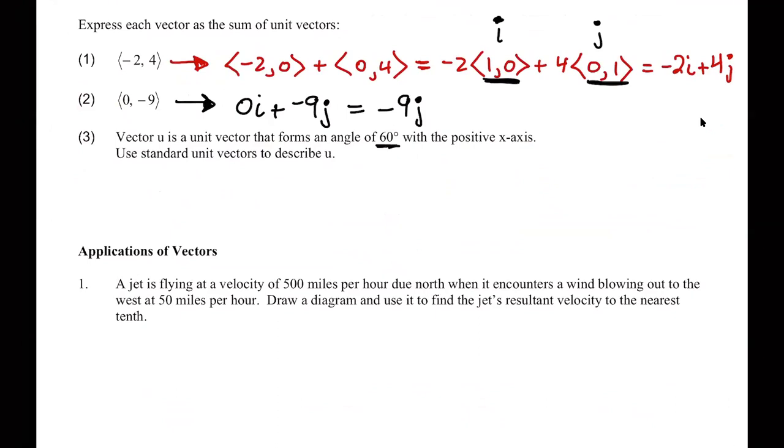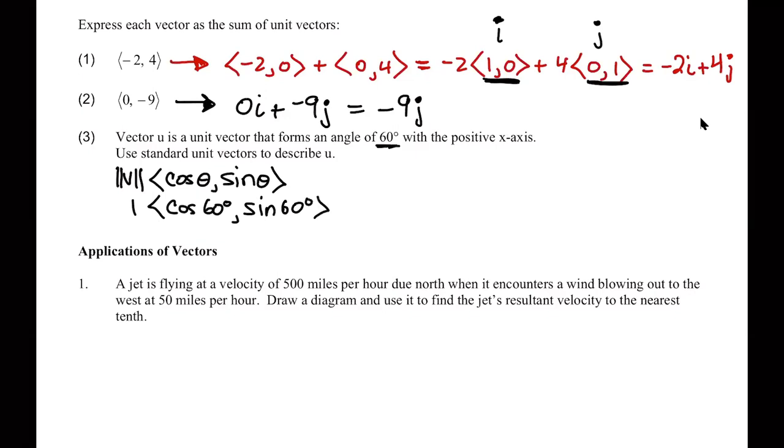So if we want to use a standard form, magnitude of vector v times cosine theta comma sine theta. But because it's a unit vector, I could just say 1, and then we'd have cosine 60 comma sine of 60, which cleans up to 1/2 comma radical 3/2.